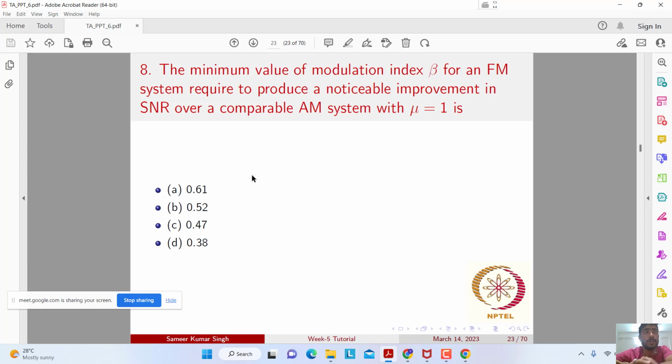So question number 8. Question number 8 is: the minimum value of the modulation index beta for an FM system required to produce a noticeable improvement in the SNR over a comparable AM system with mu equal to 1 is.